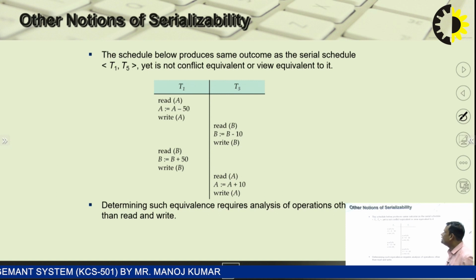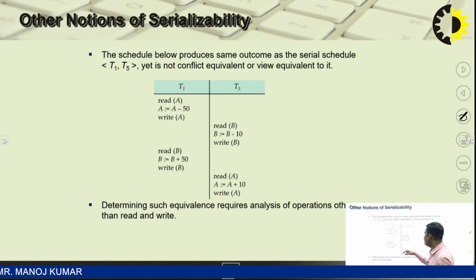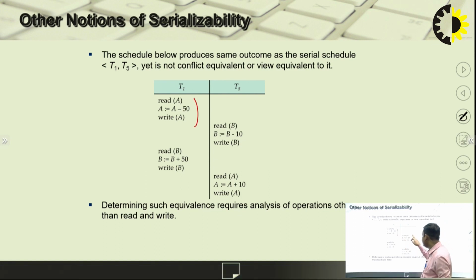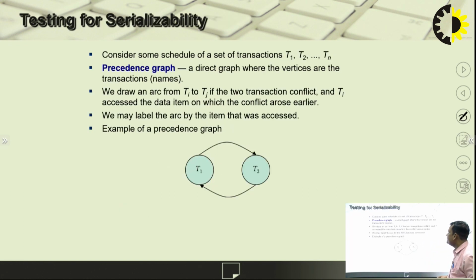Another notation of serializability: first the T1 transaction, then the T2 transaction, T1 and T2. This is known as serializability.